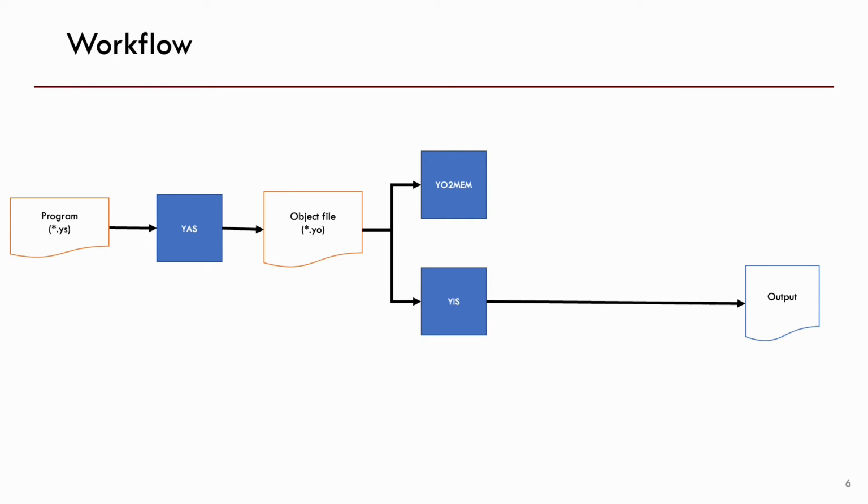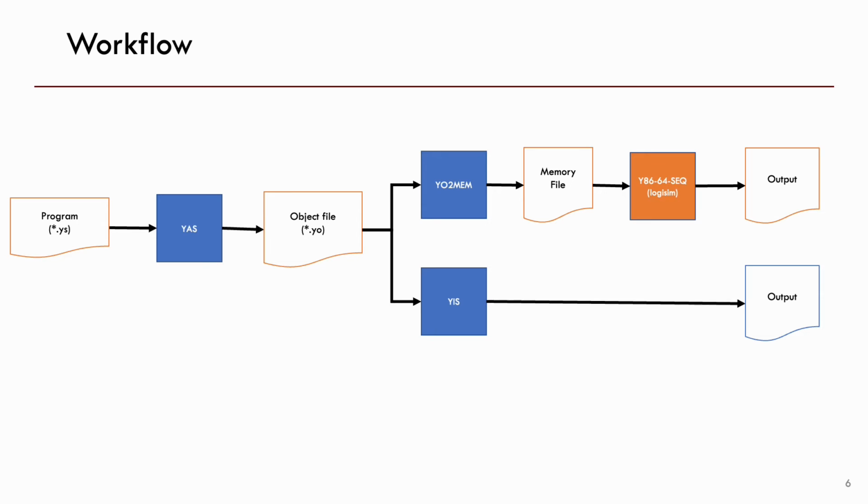And then once we can convert this object file, the yo file, to the Logisim memory file, we can load it into the Y86 in Logisim and see the changes of programmer-visible state as an output. Finally, we can check whether these two outputs are identical or not.